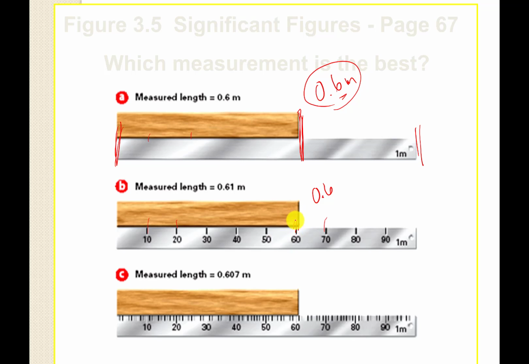This would be a 0, and this would be a 10 in the hundredths place, and it's about maybe 10% of the way between those marks, so we're going to put a 1. This one is estimated, which means we can't do any more. That's all the significant figures we can determine based on this meter stick.